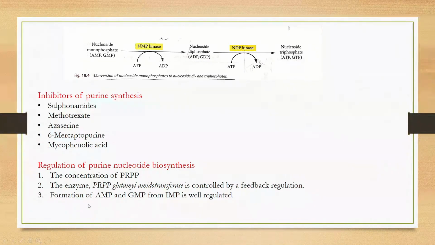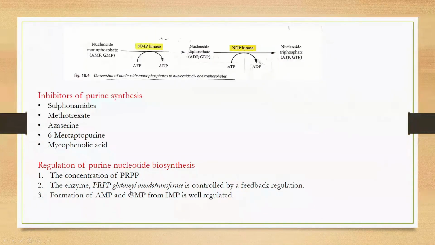Number 1, the concentration of PRPP is the primary determinant of purine synthesis. The concentration of PRPP in turn is dependent on the availability of ribose 5-phosphate and the enzyme PRPP synthetase.